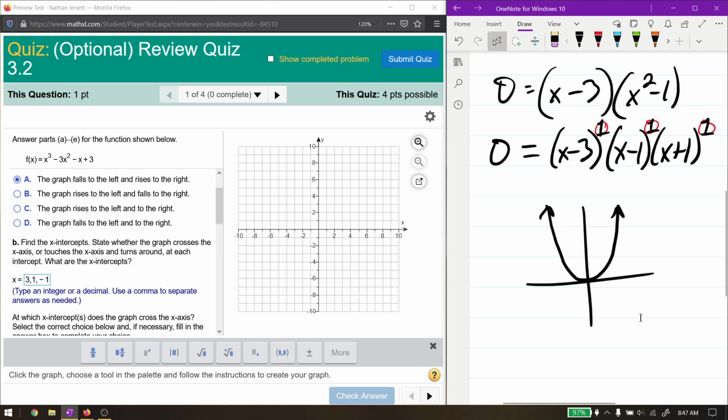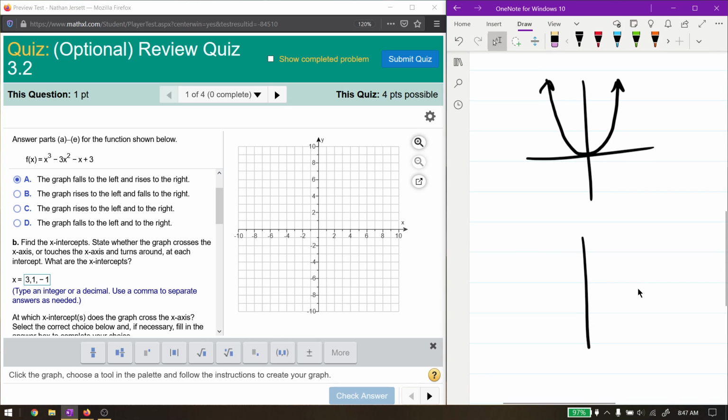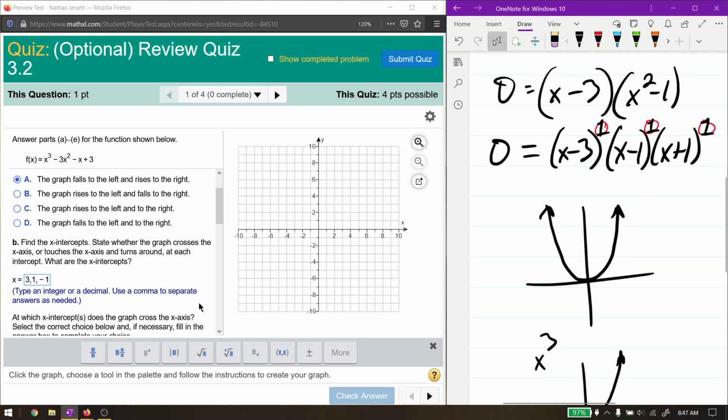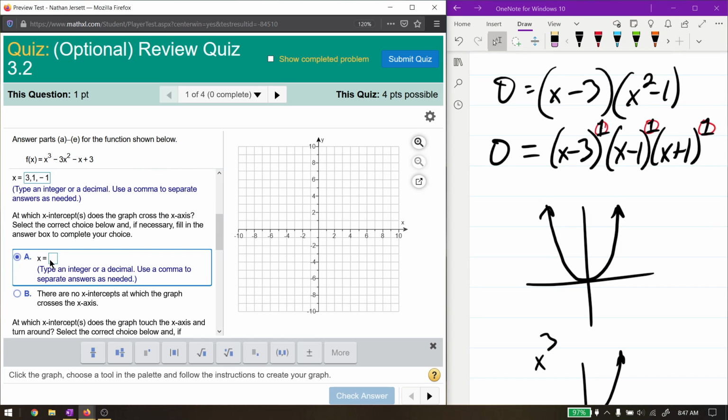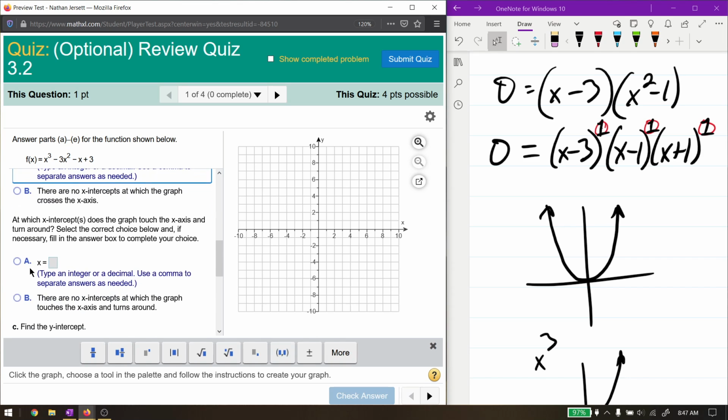Or if it's an odd function, it'll actually cross, because the basic odd function is x cubed, and that I showed you already, looks like this, which crosses the x-axis. So if it's an odd multiplicity, like all of ours are, then we have a crossing of the x-axis at that point. So all three of them do that, since they all have multiplicity 1. There are no intercepts where it touches and turns around.